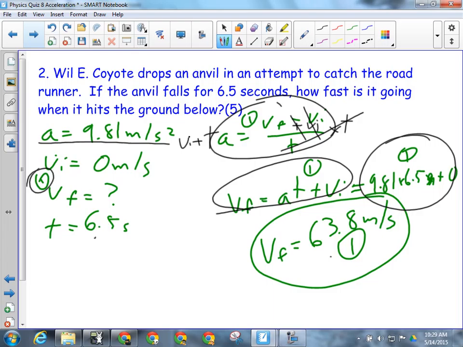They must have the meters per second to get that mark. They do not require down or negative, because the question asked how fast is it going, which does not require direction, because that's asking about speed. If it had said at what velocity is it traveling, you would have had to say 63.8 meters per second down, something like that.